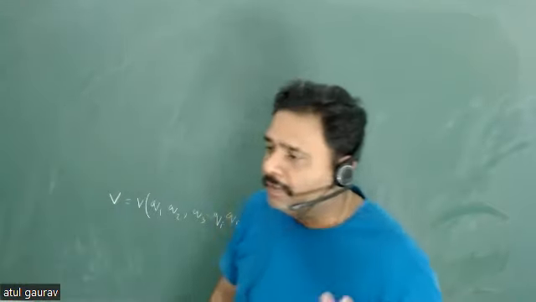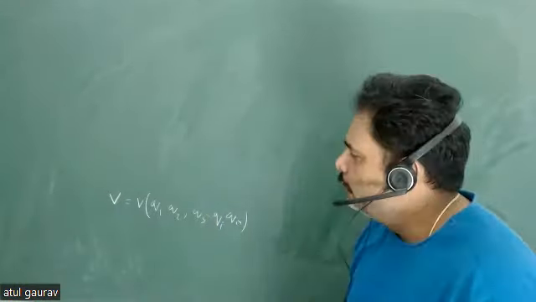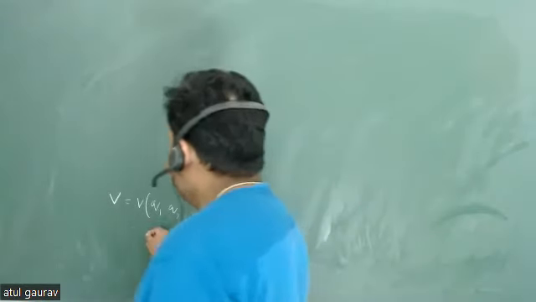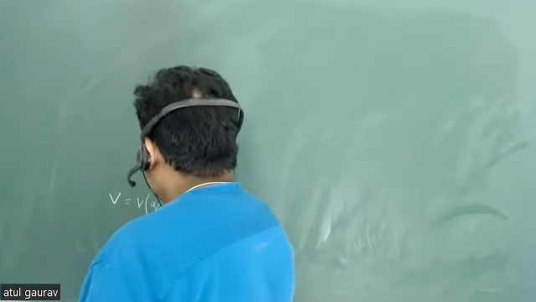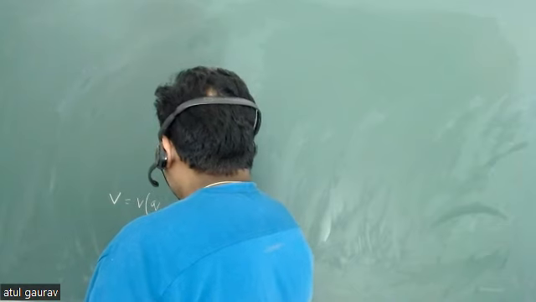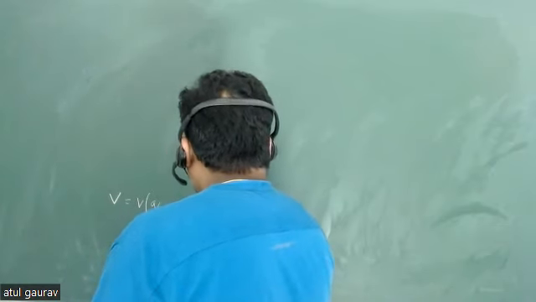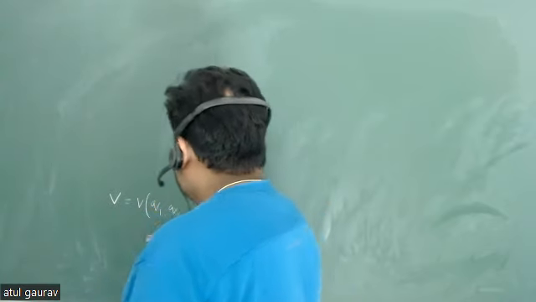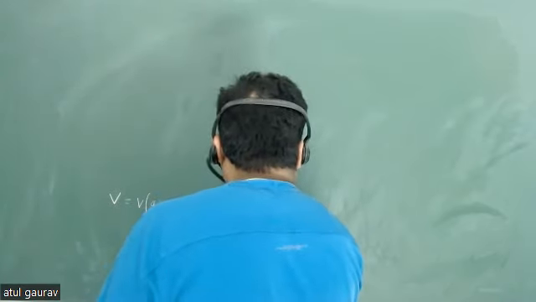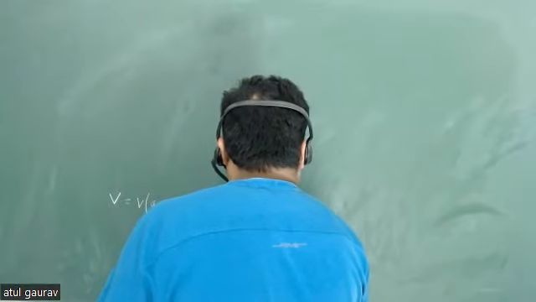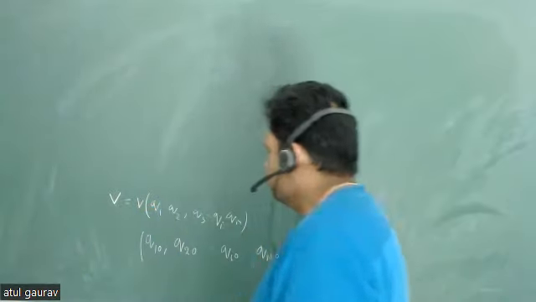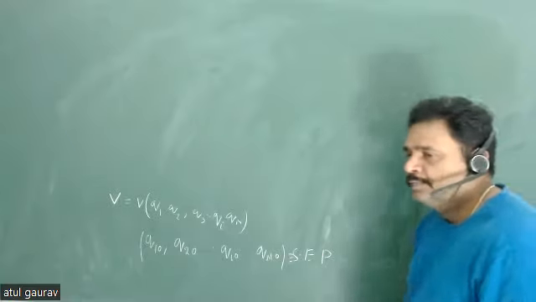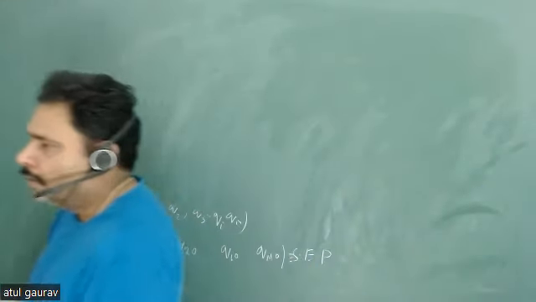If you have this many generalized coordinates, we can assume that Q10, Q20, Qi0, Qn0 are the stable equilibrium point. What are these? Stable equilibrium point. Are you getting my point?